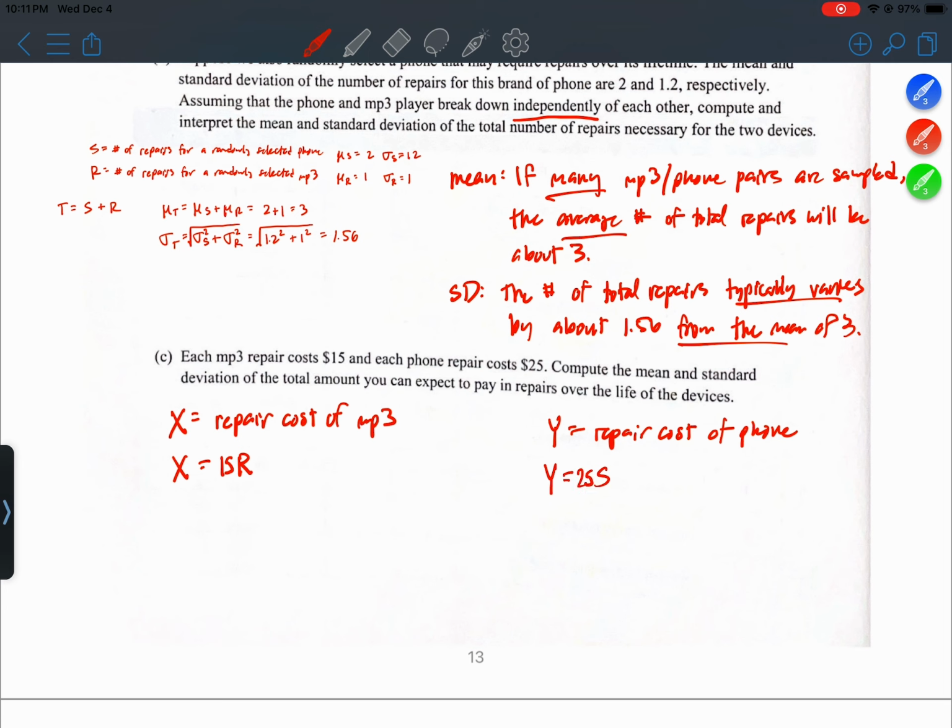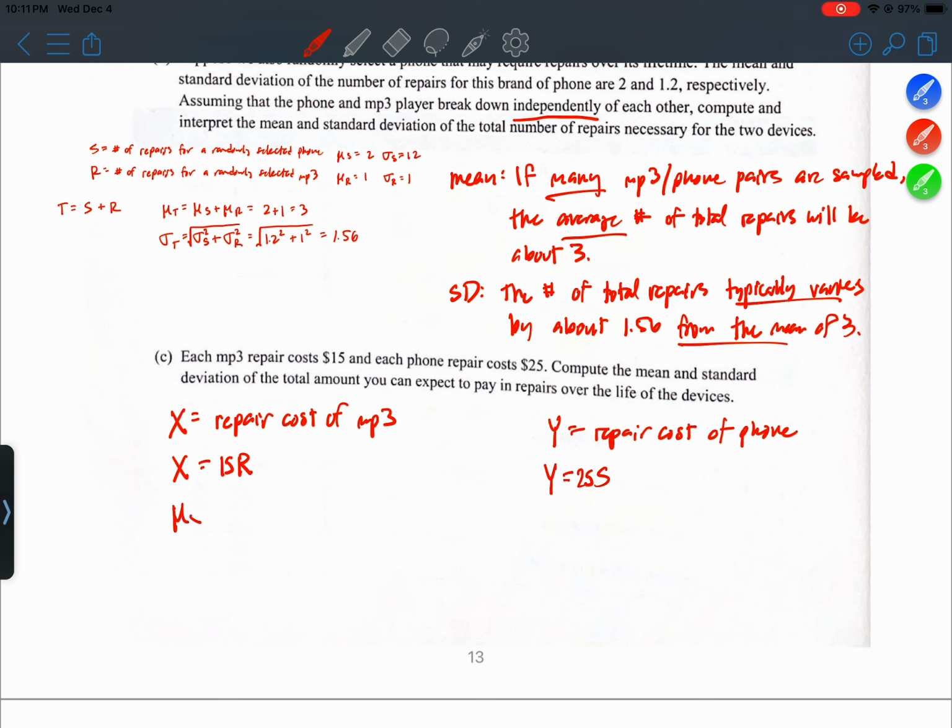So that's just multiplying by a constant as well. So the mean of X will just be the mean of R times 15. Remember, multiplying stretches a distribution. So it stretches the mean. It's going to stretch the standard deviation as well.